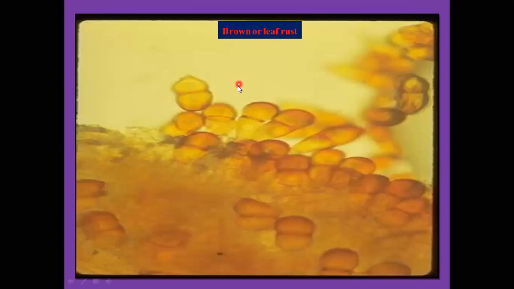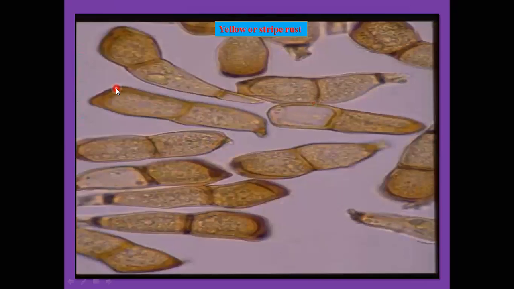Then regarding brown rust, round apex teleospores are present. And regarding stripe rust, the apex portion is flattened in nature, meaning flattened apex teleospores are present in yellow rust or stripe rust.